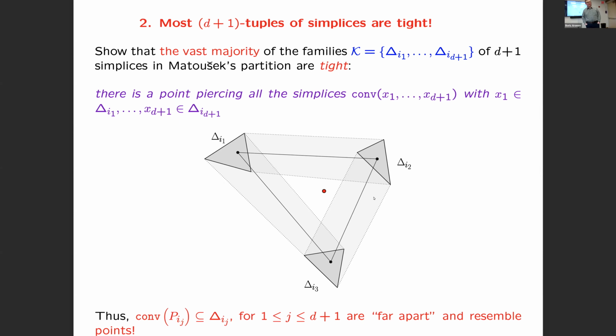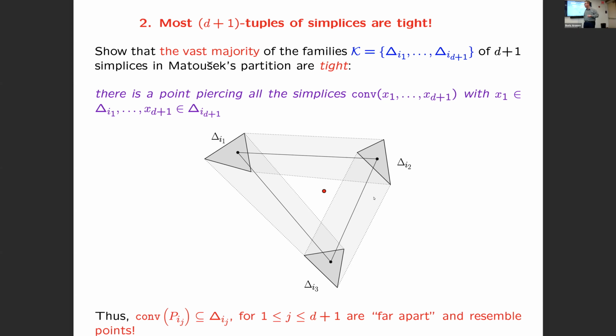So if you are lucky enough, then the vast majority of such d+1 size families of the simplices in Matoušek's partition are going to be tight.